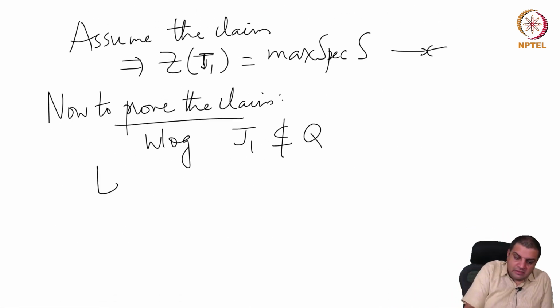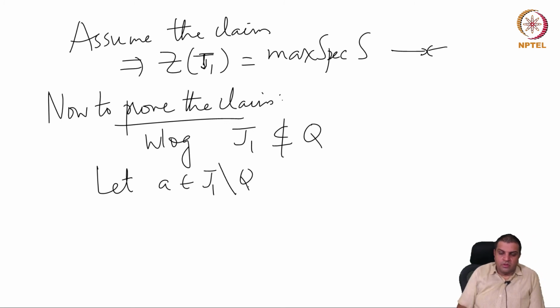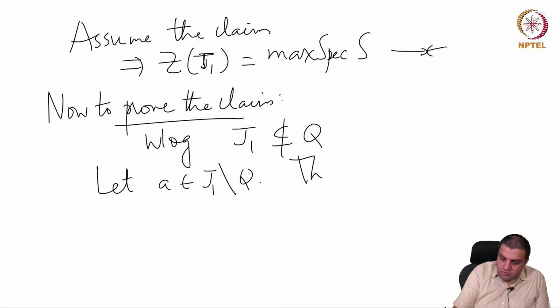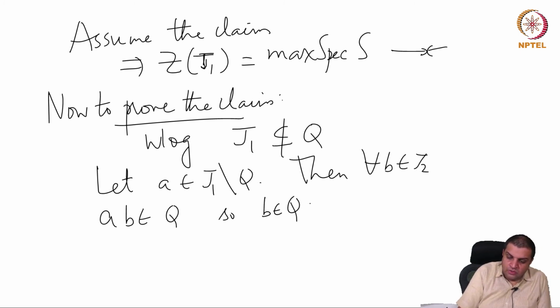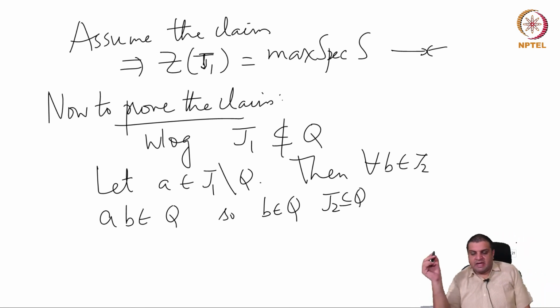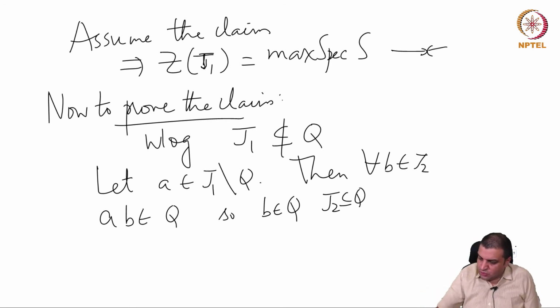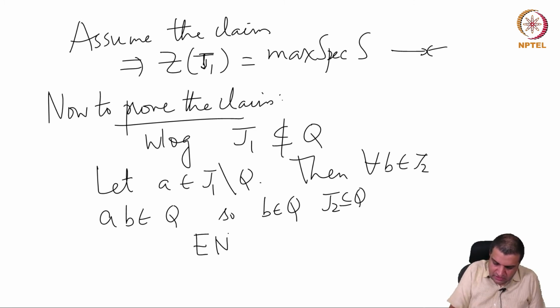So let A be inside J1 but not in Q. Then for all B inside J2, AB is inside Q, so B is inside Q, which implies that J2 is inside Q. So this is just a general fact about a product of ideals inside a prime ideal. So this is the end of the discussion for this lecture.